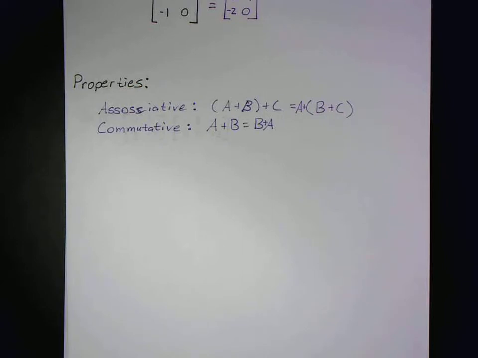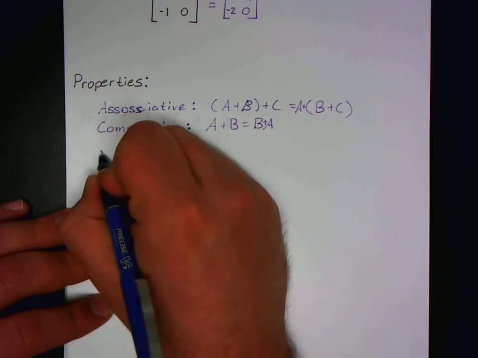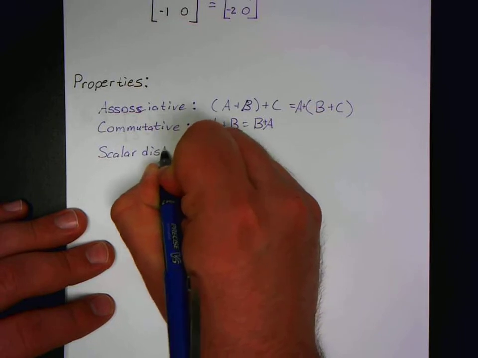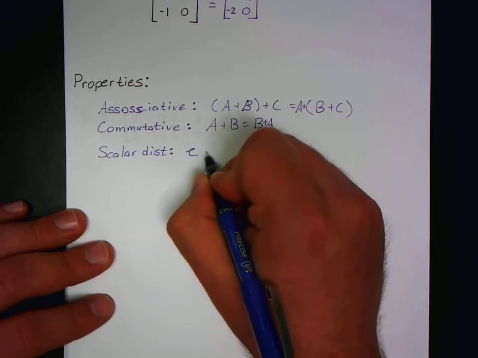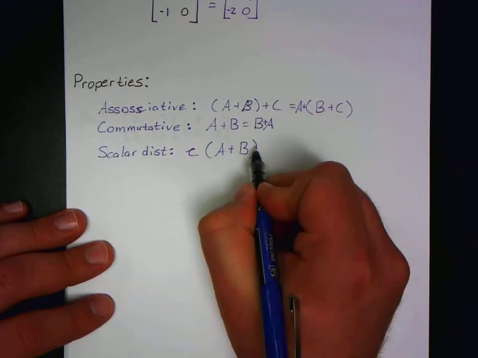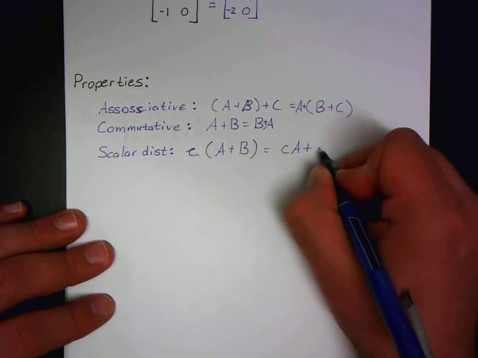What are all the other little tiny rules that they have? Distributing by a scalar works. So if I have a scalar here and I have A plus B, I can either add those together and then take it times the scalar, or I can take the scalar times each one of them and then add.